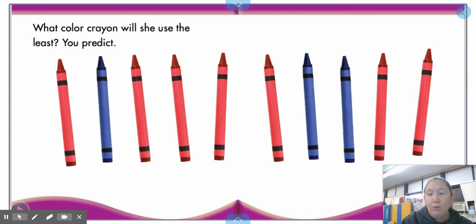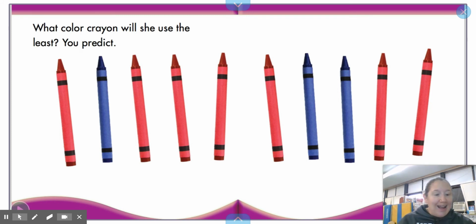What color crayon will she use the least? You predict. So let's count the red crayons. 1, 2, 3, 4, 5, 6, 7 red crayons. Let's count the blue crayons. 1, 2, 3 blue crayons. Or it might be easier like this.